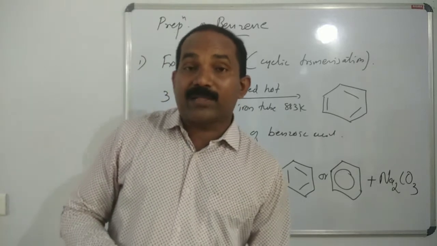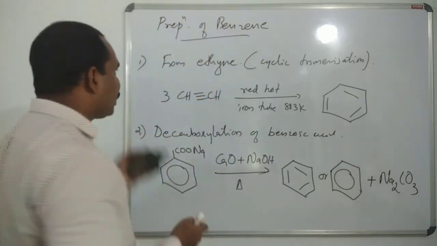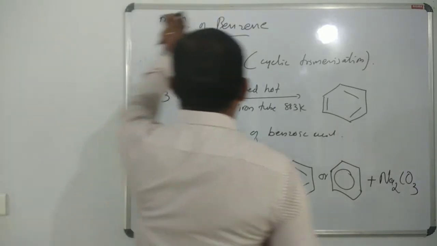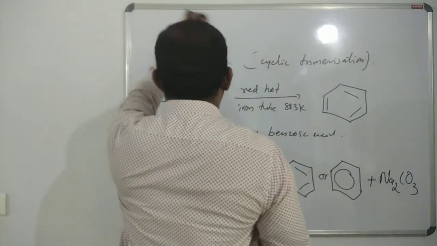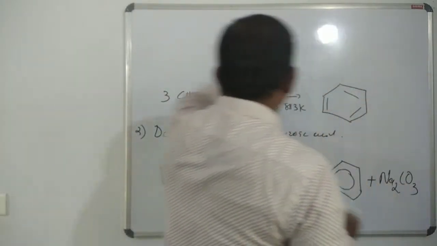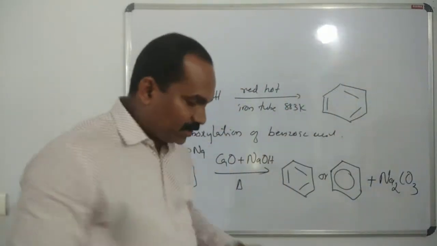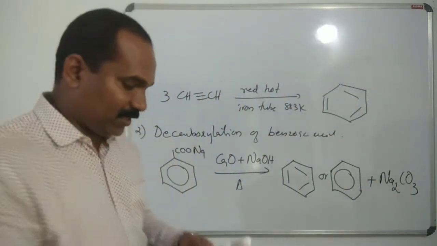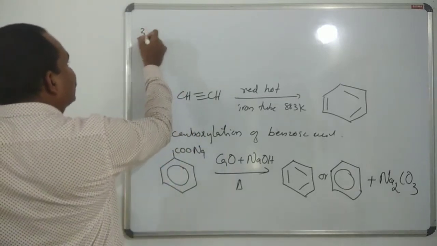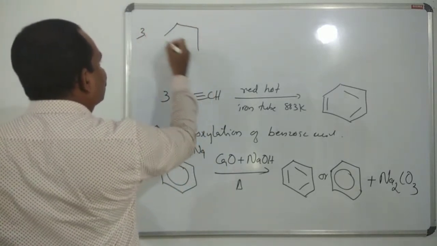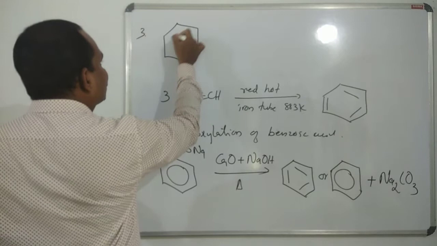And the third method is from phenol. Phenol is treated with zinc, or distilled with zinc, and we get benzene. A very simple reaction.